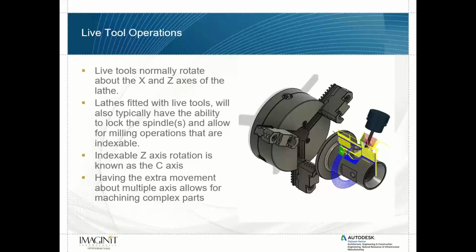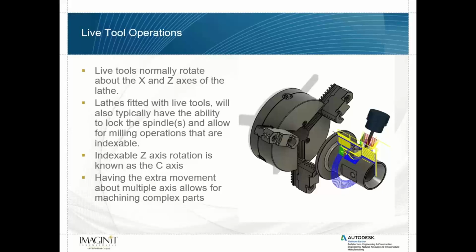So what that means is the part can lock about the Z-axis, which is also known as the C-axis, and rotate about it, and we're able to get an arrayed feature, right? Just think of a flange with a bunch of holes about it. So a lot of live tool lathes have that ability, but they don't have the Y-axis.